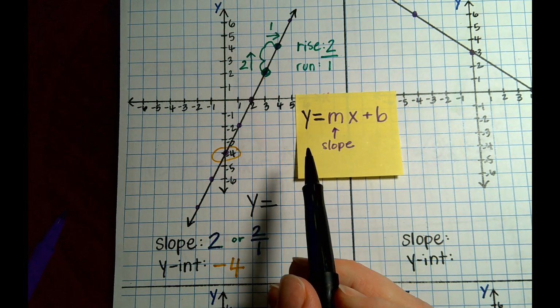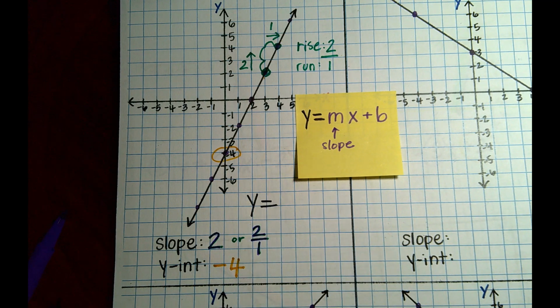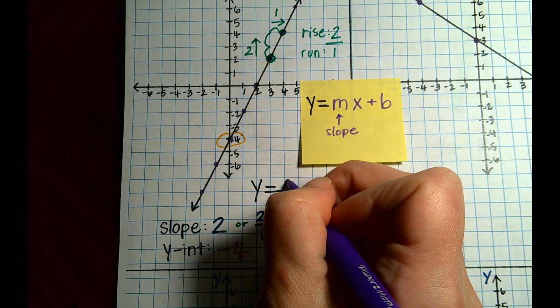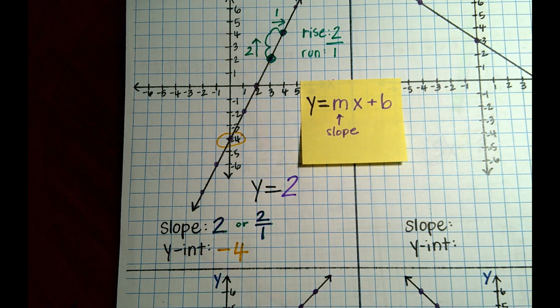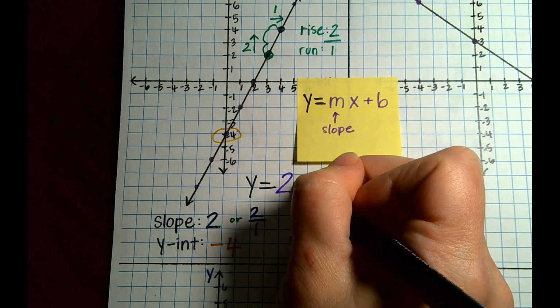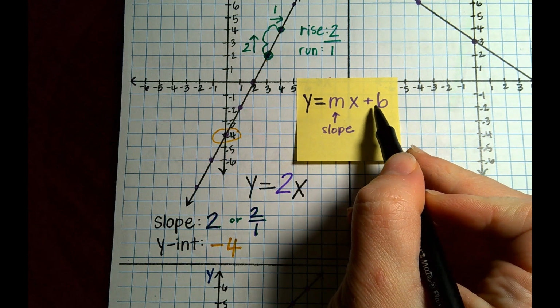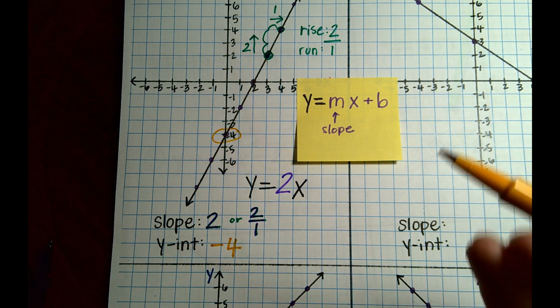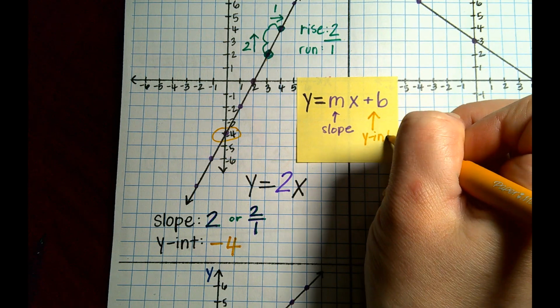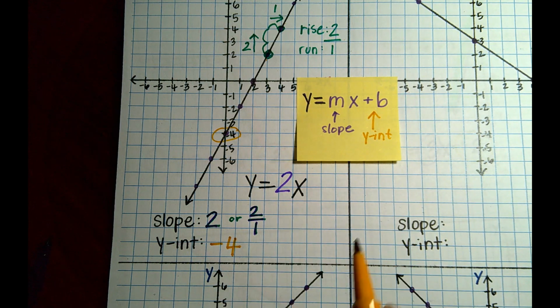I'm just plugging in a number for slope, which we found is 2. So we have y equals 2x plus b. So we could either write plus -4, or what could we write instead? Just -4.